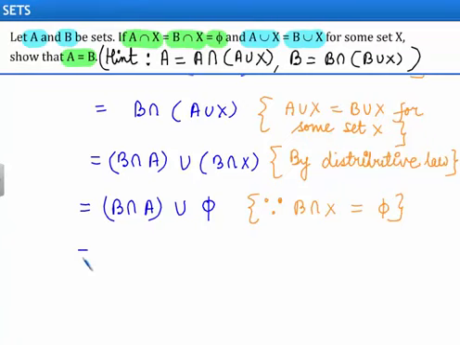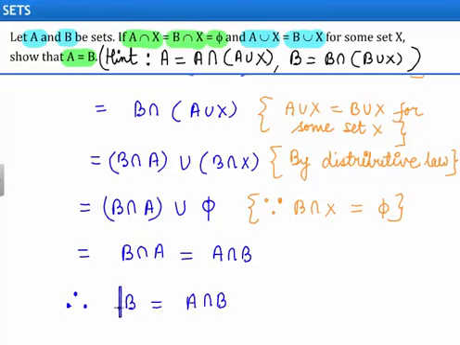And this can be written as B intersection A, because any set union the empty set is the set itself. And this can be further written as A intersection B. Therefore, we arrive at B is equal to A intersection B. And this we name as 2.